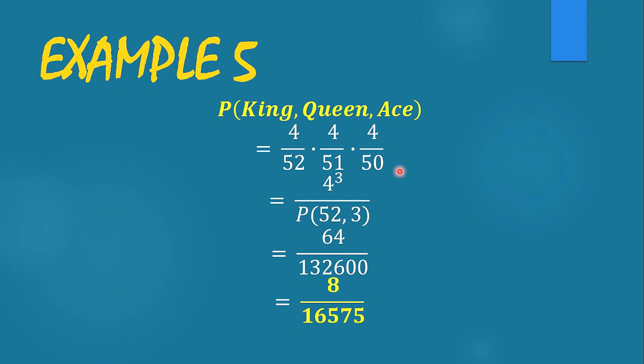Or we have 8 divided by 16,575 is equal to 0.0005. Or we'll just take its fraction, that is 8 over 16,575.